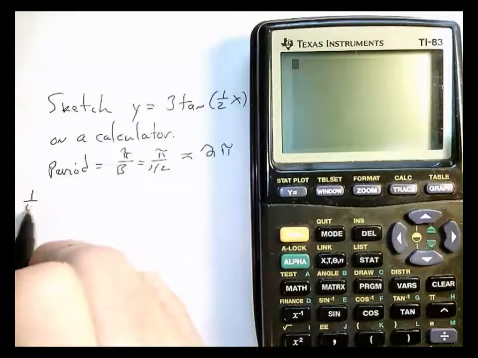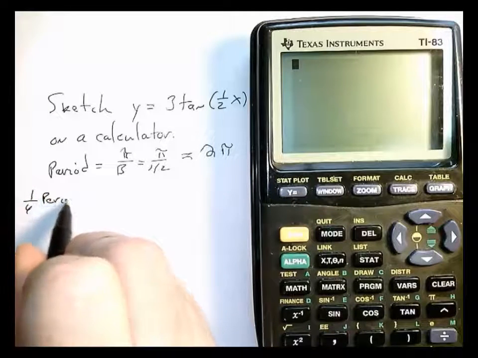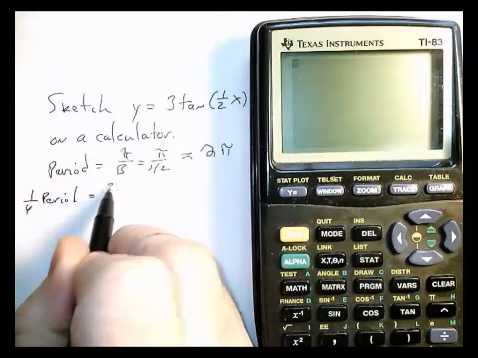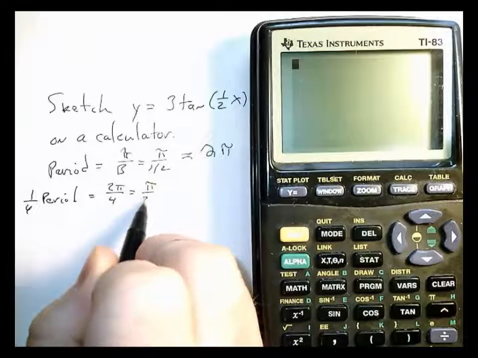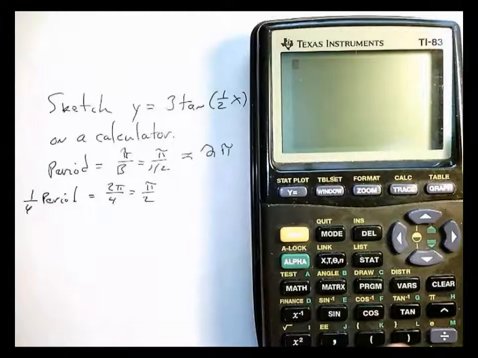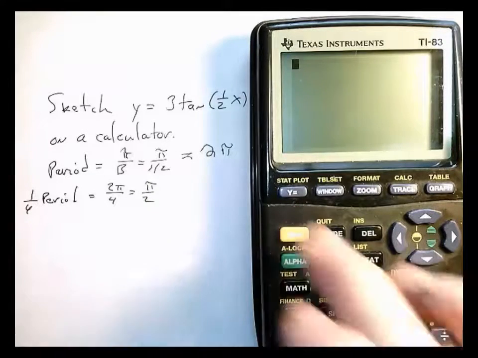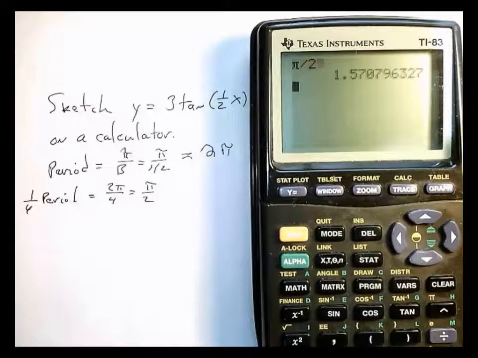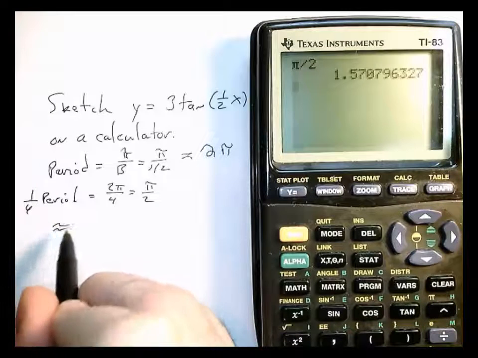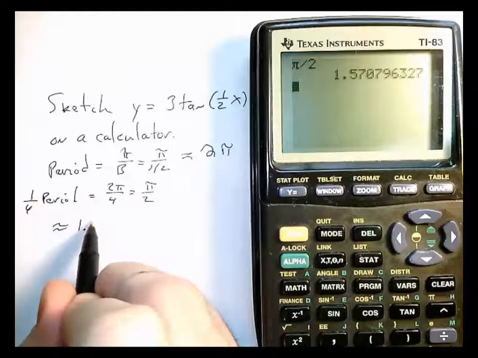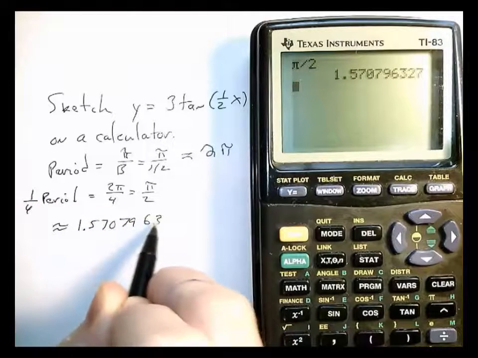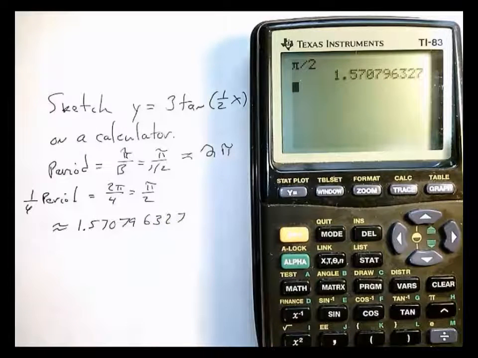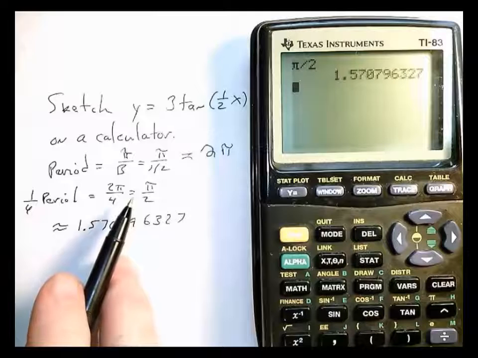So 1/4 of my period is 2 pi over 4, which is pi over 2. And pi divided by 2 is about 1.570796327. So because a quarter of the period is pi over 2, that's going to tell me my tick mark.